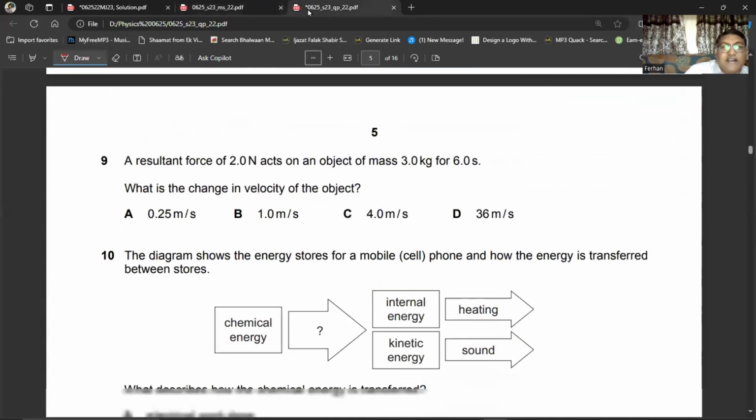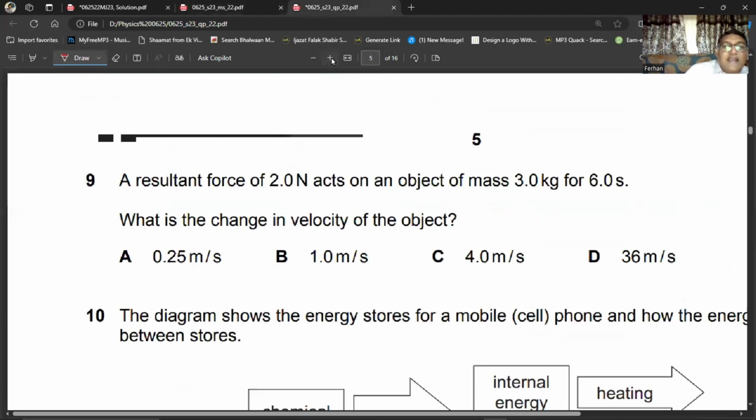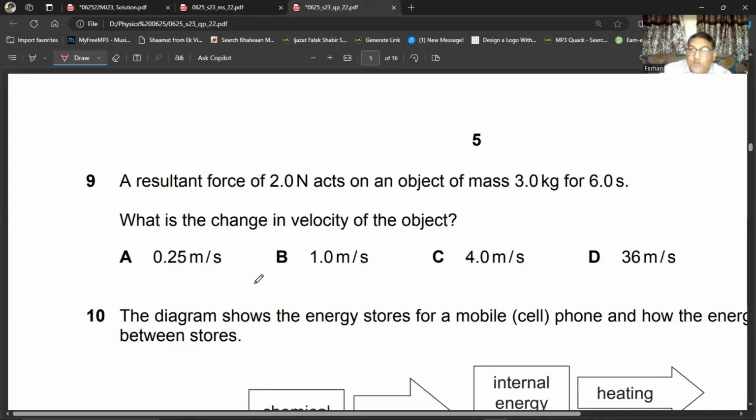The question number we have on your screen is question number 9. And he says a resultant force of 2 Newton acts on an object of mass 3 kg for 6 seconds. What is the change in velocity of the object? We know the force, we know the mass, we know how much time that force acted.